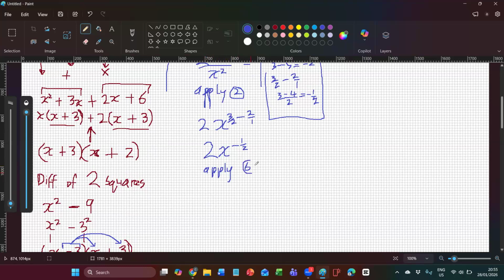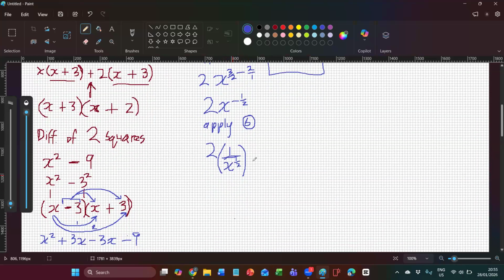It's going to become 2, and you can put it in a bracket so that you don't confuse things, times 1 over x raised to the power of half. Can you see how I carefully applied it? So I've applied law 6.